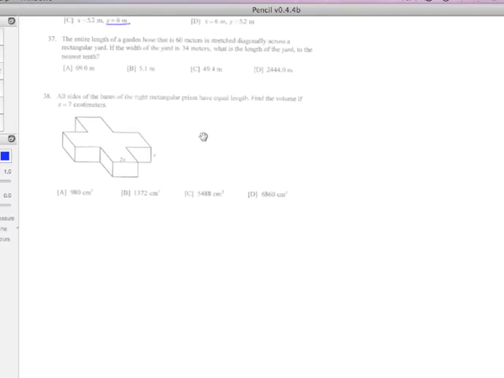Number 37, the entire length of a garden hose is 60 meters stretched diagonally across a rectangular yard. So here's our rectangular yard, and the hose goes across like this, 60 meters, and the width is 34. So here's another Pythagorean theorem.